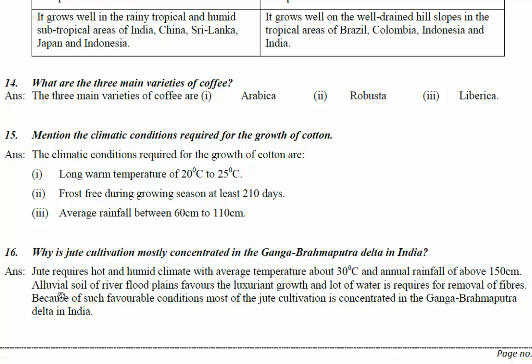Okay, that is the requirement of temperature and annual rainfall. Soil, alluvial soil of river floodplains favor the luxuriant growth and lot of water is required for the removal of fibers. Because of such favorable conditions, most of the jute cultivation is concentrated in the Ganga-Brahmaputra delta in India, especially in Sundarbans.